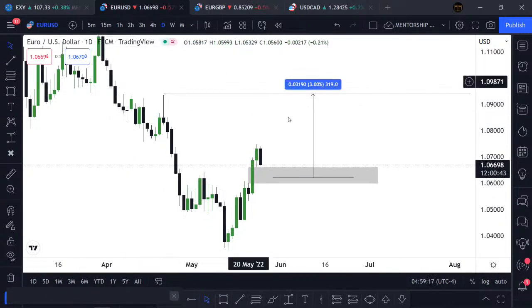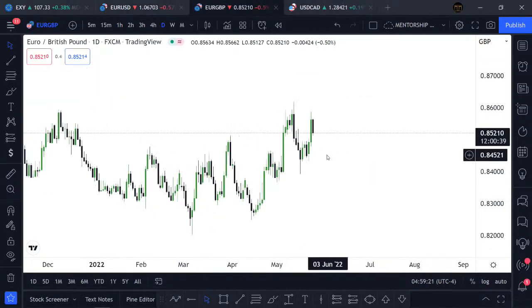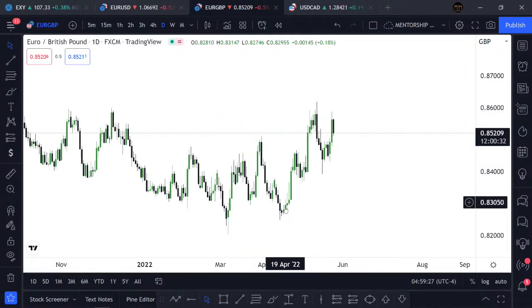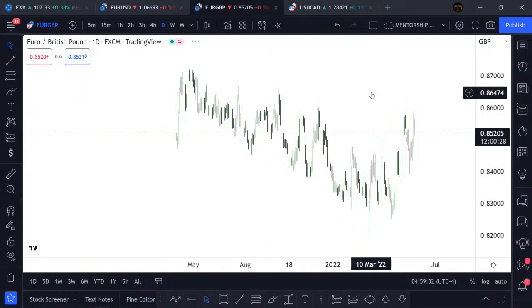So we see the euro dollar, next opportunity, on the pound dollar. If price is to trade lower again, but we see we have this strong leg here, okay, trading higher.